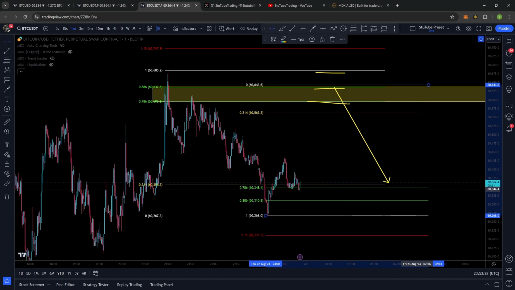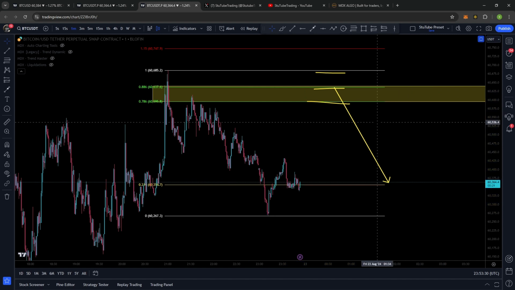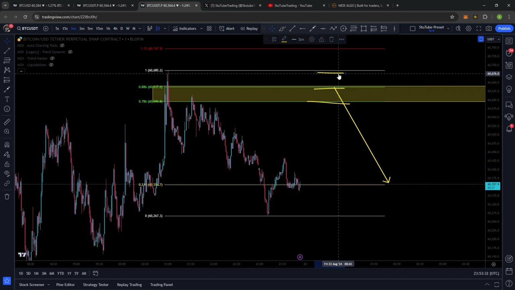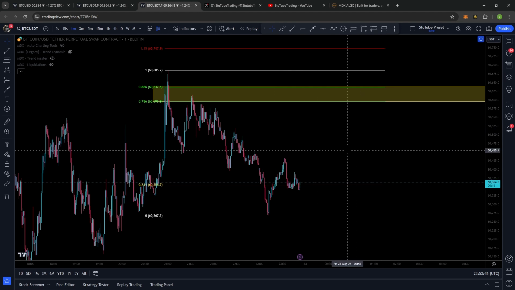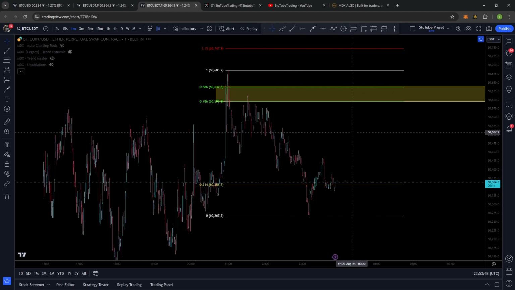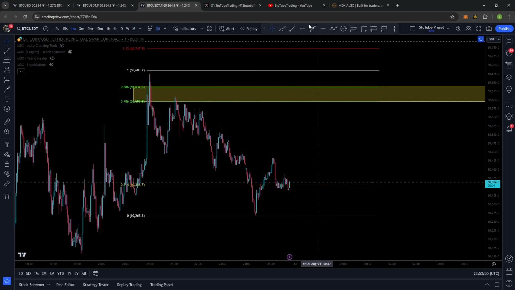So basically the opposite. Hopefully that makes sense. If I'm interested in playing that level from the opposite direction, then maybe it makes a lot of sense to start taking profits at those levels, right? But we'll see if we even end up getting up here.